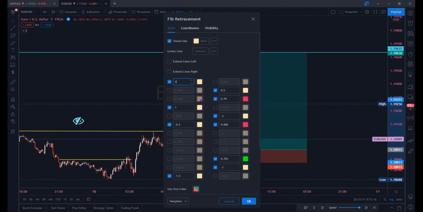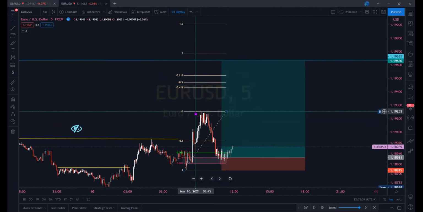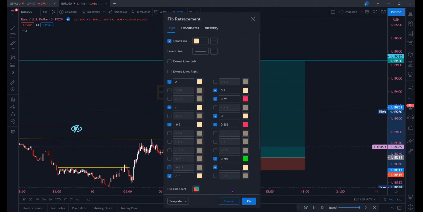Just add the levels. So whenever you're looking at a trade like this, you guys can adjust them very simply to these different levels. Let me see the other ones that I use. If you guys want to add some, you guys can add these two, but they're not essentially needed.